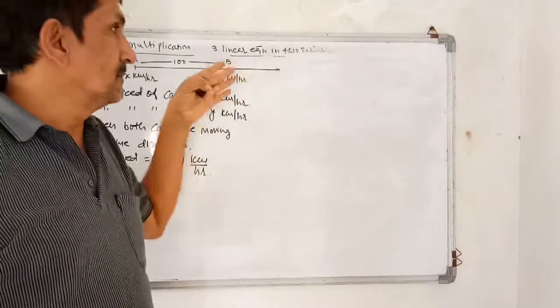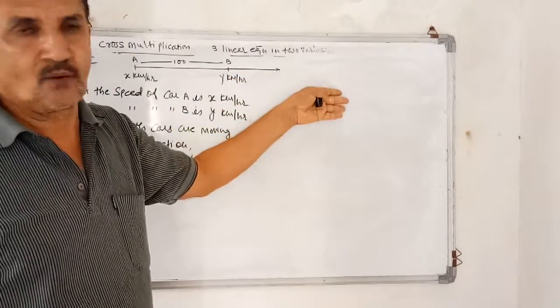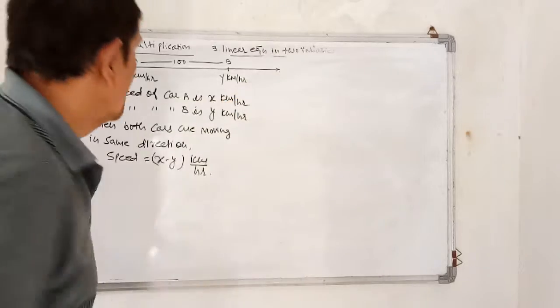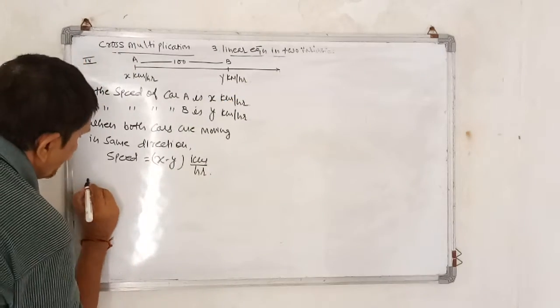Total speed x minus y speed, and then they will meet.